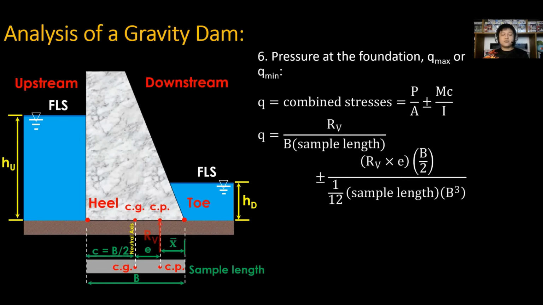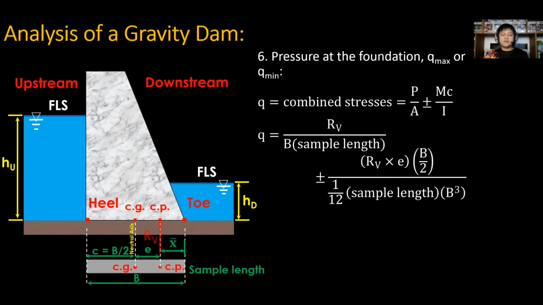Substitute RV for P, B times sample length for area A, RV times E for moment M, B over 2 for farthest fiber distance C, 1 over 12 times sample length, which acts as the base since it is parallel to the neutral axis, then multiplied by B raised to 3, which acts as height, which is perpendicular to the neutral axis, for our moment of inertia I.